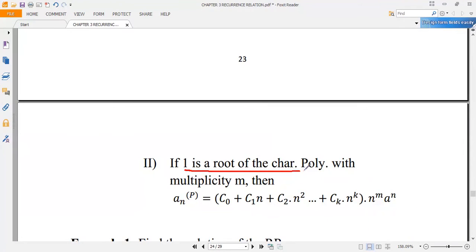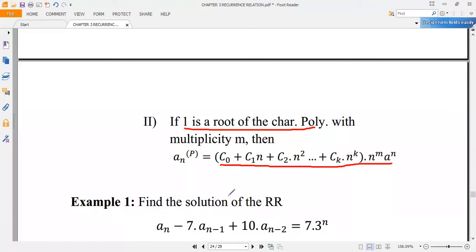And if one is a root of the characteristic equation with multiplicity m, then the trial solution to the recurrence relation will be c0 plus c1n plus c2n squared up to ck n to the power of k, times n to the power of m times a to the power of n.